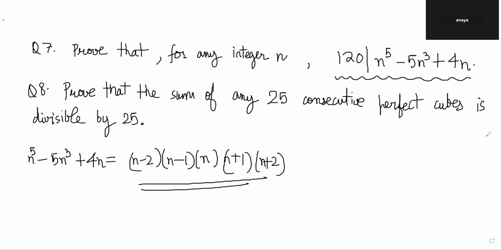And then n times n plus 1, that's also a 2. And then I guess you could take another one in between to get three 2s for the 8. And then because there are 3 consecutive numbers, you can take any 3 consecutive numbers out of this, you get that divisibility by 3. And then because there are 5 in total, you get that divisibility by 5.